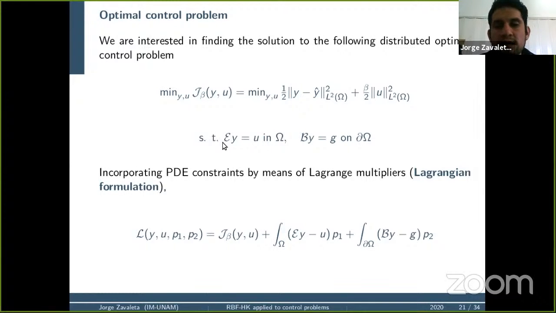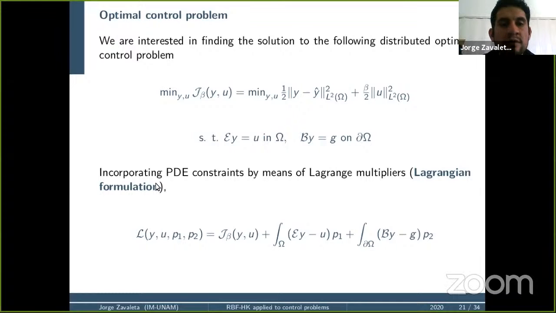Here E is a stationary linear PDE operator up to now, and B could be any boundary operator, Dirichlet, Robin, or Neumann. To solve this problem, we are using an approach called optimize then discretize, which means we are optimizing in the continuum and then discretizing the optimal solution.